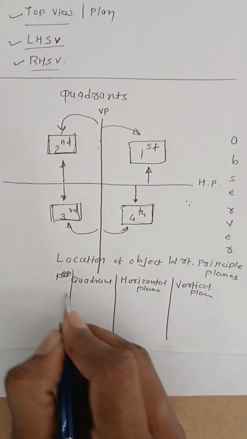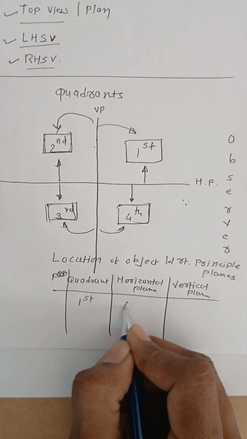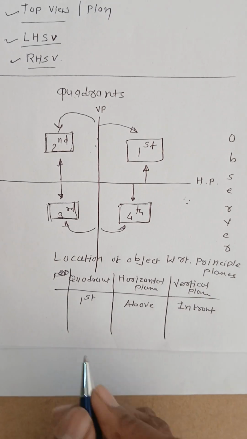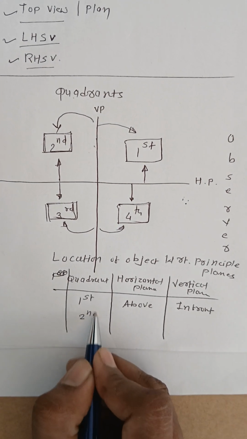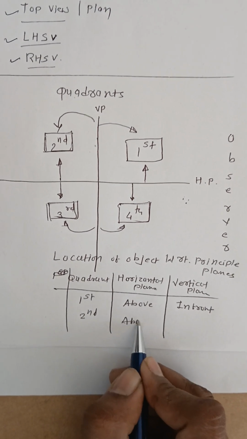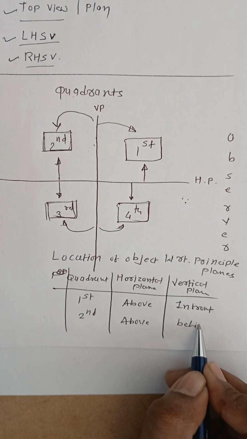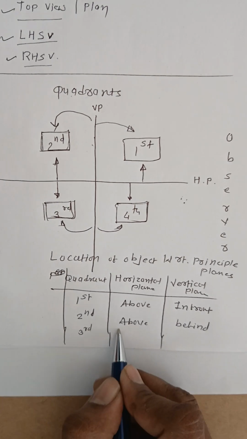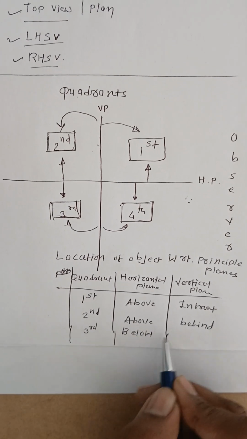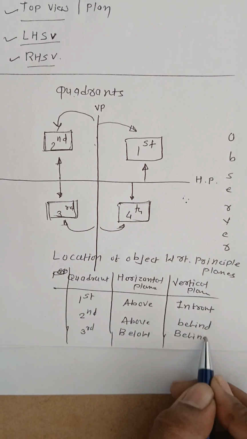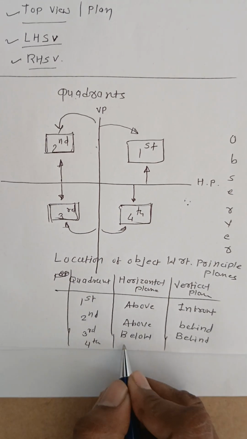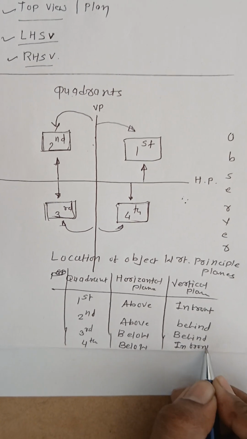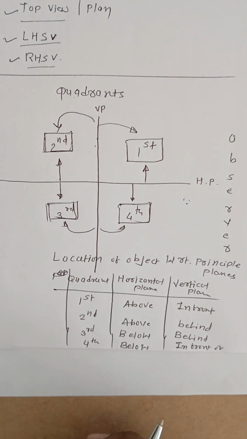Whenever object is in first quadrant, it is above horizontal plane and in front of vertical plane. If object is in second quadrant, it is above horizontal plane and behind vertical plane. For the third quadrant, object is below horizontal plane and behind vertical plane. Similarly, for the fourth quadrant, below horizontal plane and in front of vertical plane.